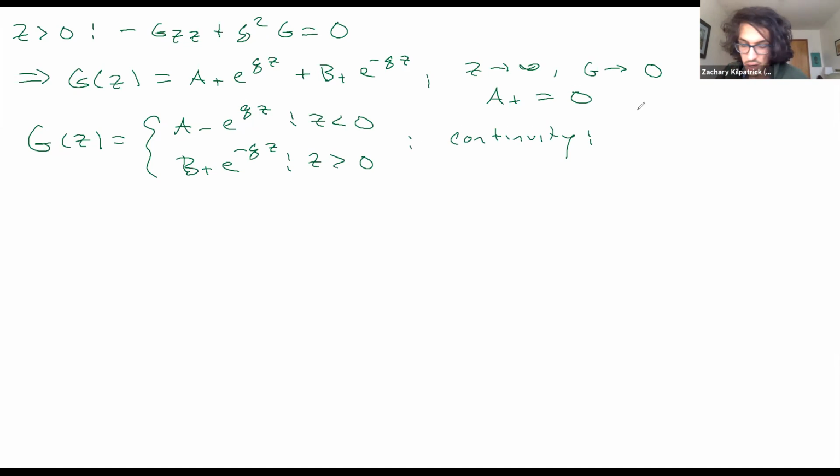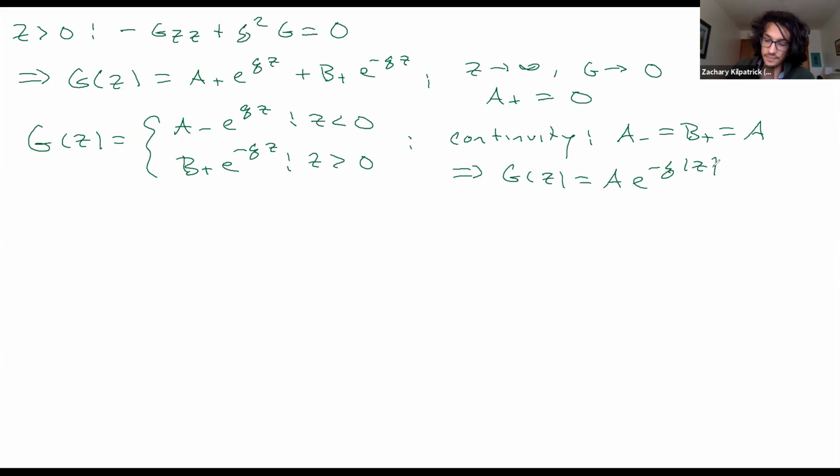So continuity requires essentially that a minus equals b plus. So I need to have g be a continuous function, C0. So those are the same constant, and we then get that g of z is equal to e to the minus q absolute value of z.